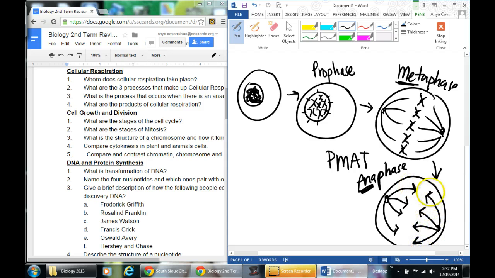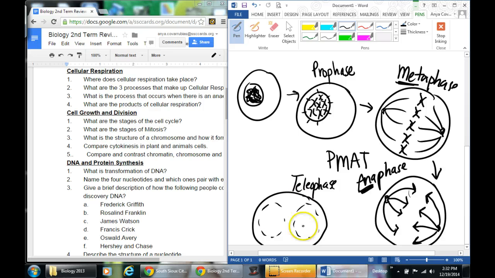Okay, so these aren't arrows, but this is actually half of that chromosome being pulled apart. And then our last one is telophase. Telophase is where we get two nuclei starting to form, and I always think of a telescope, something you look through, which kind of looks like binoculars.